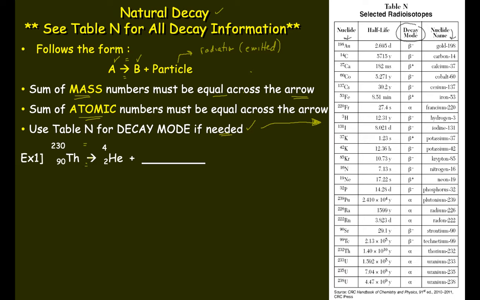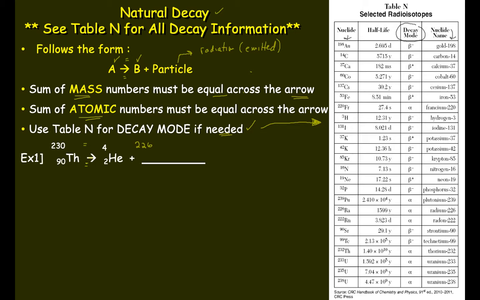All right. So I like to say, this is me. You can do this two ways. You can either say 230 minus 4 is 226, or you can say what number plus 4 is 230, because you're thinking of this being the plus sign.